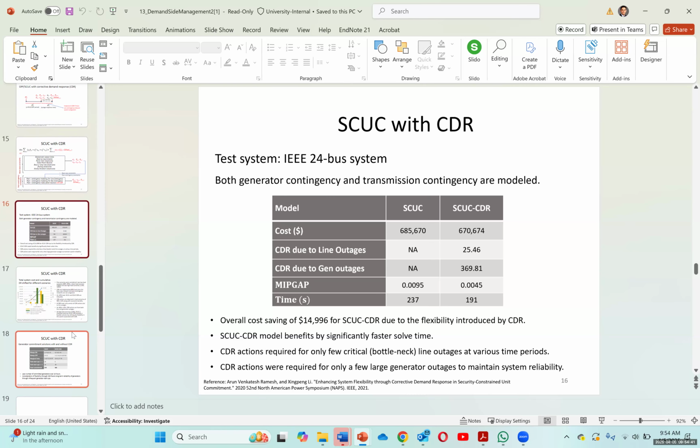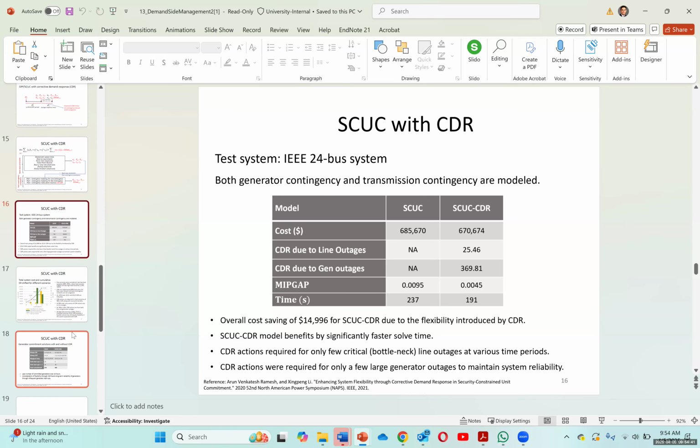And with the CDR, the cost is about $15,000 less. And you can see the CDR due to line outages, it's non-applicable here, but here it's going to be 25.46. And you can see the time is much less as well.